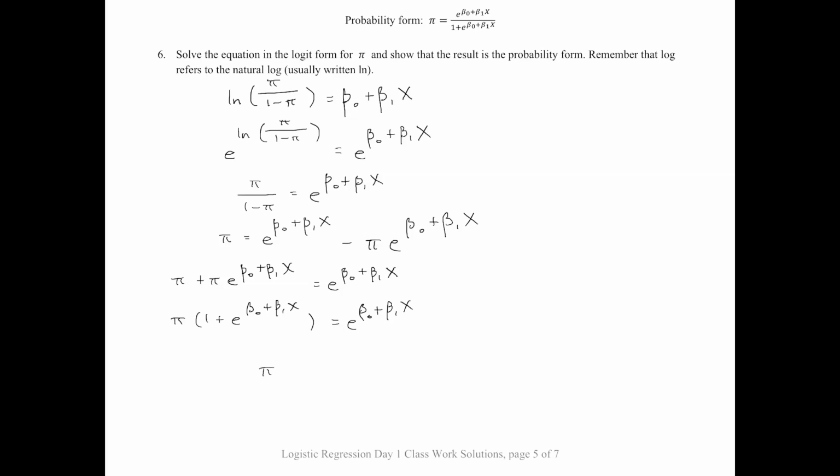And then I'm going to finally divide to get pi by itself. And that gives me what we call the probability form. So I can either have the logit form where the log odds is equal to this linear equation, or I can backtrack that to come up with a probability that's equal to what's known as the logistic equation.